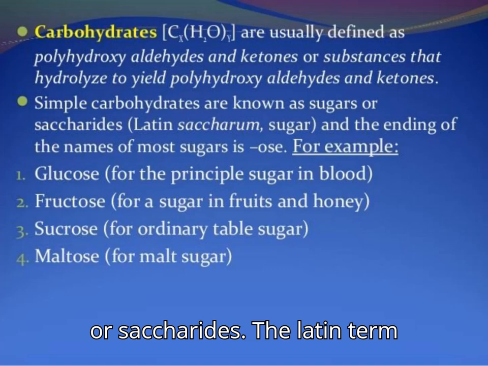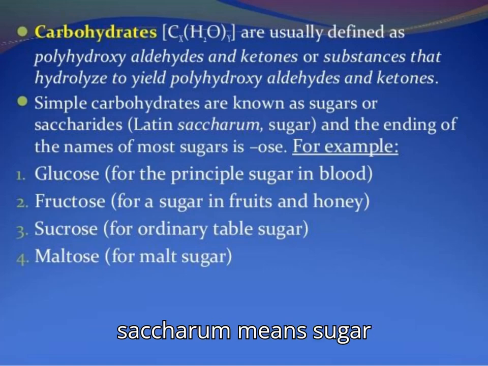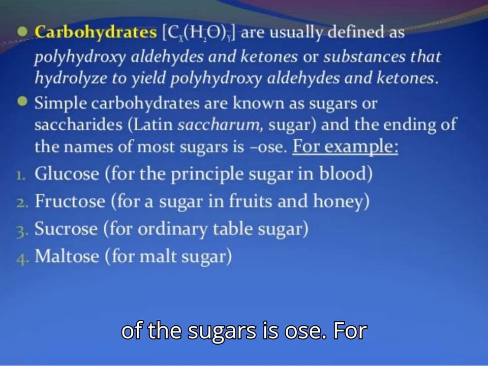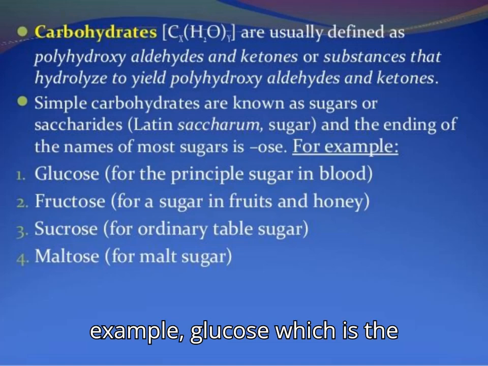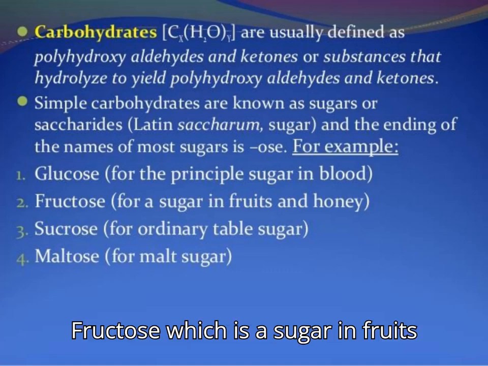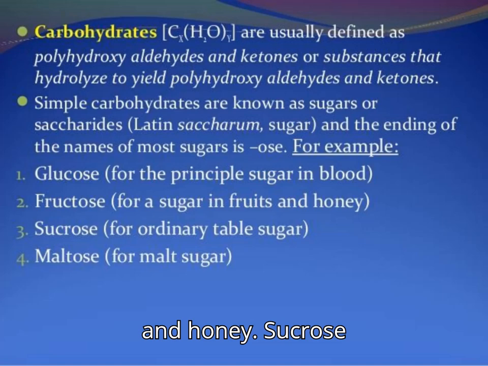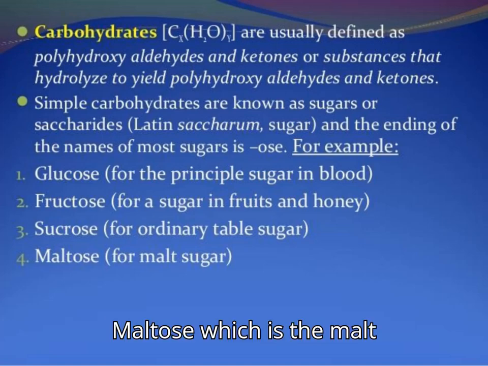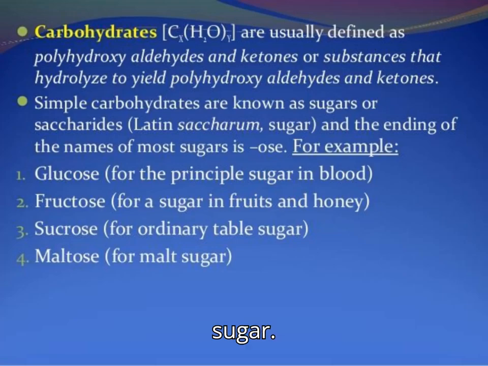The Latin term saccharum means sugar, and the names of most sugars end in "-ose". For example, glucose, which is the principal sugar in blood; fructose, which is a sugar in fruits and honey; sucrose, which is the ordinary table sugar; and maltose, which is the malt sugar.